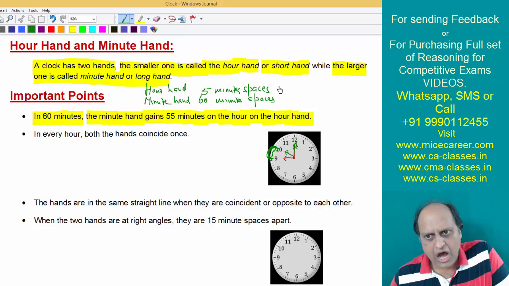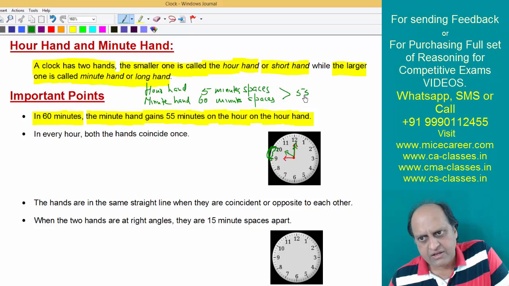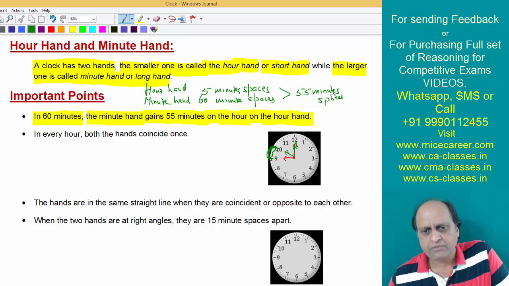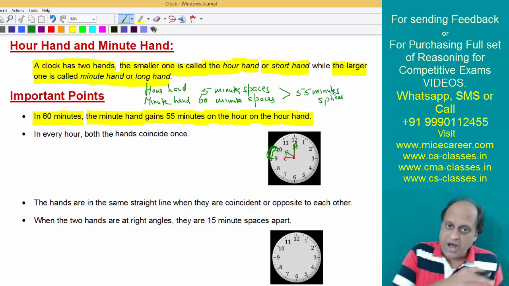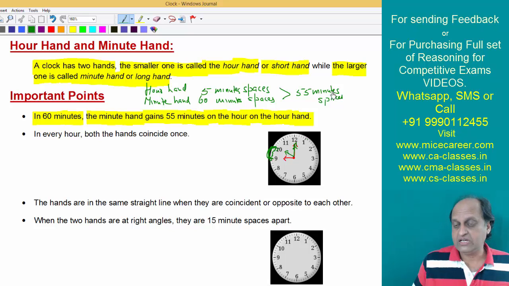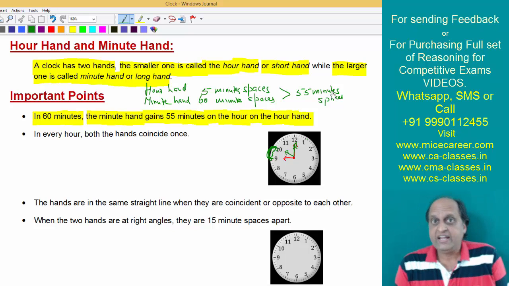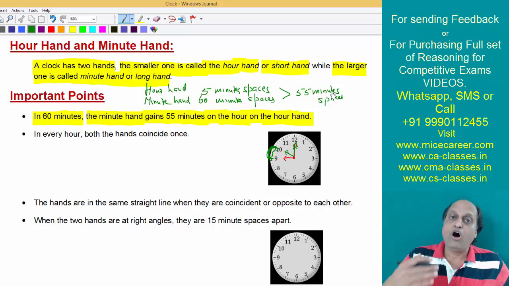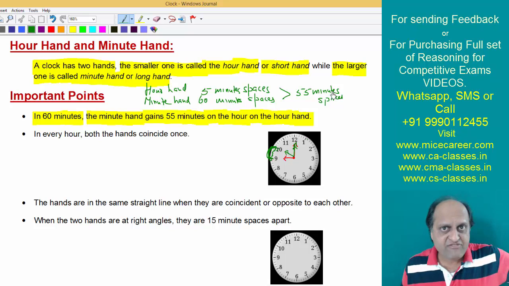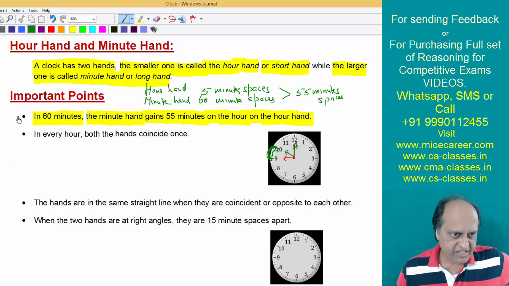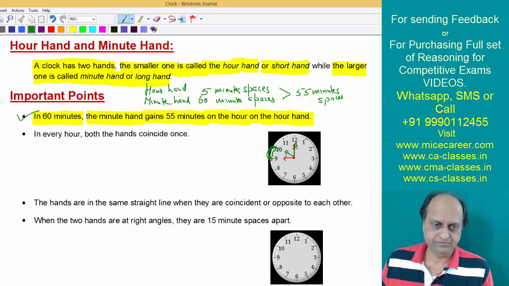So, how many spaces has it gained? 55 minute spaces. I think the idea is clear. So, in 1 hour or in 60 minutes, the minute hand travels fast, so it will always gain 55 minutes over the hour hand.